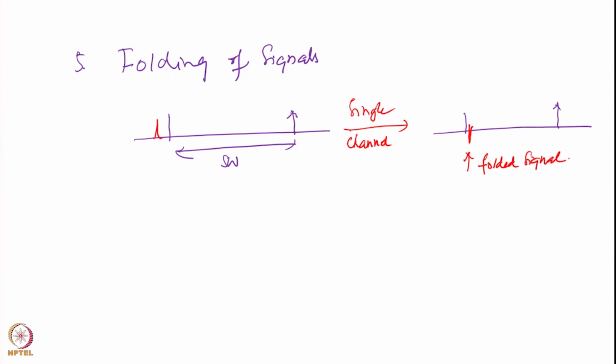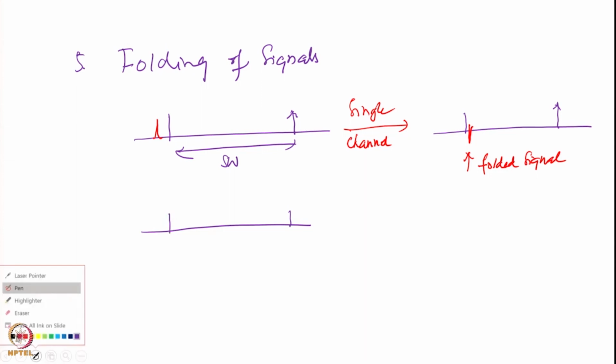On the other hand, if you are doing quadrature detection, now where is my carrier? The spectral range is this much. Let me draw the spectral range same as here, but now my carrier is in the middle, so that I can detect both positive and negative frequencies. I can discriminate between positive and negative frequencies, and in this situation if I have made a mistake in choosing the offset and I have a signal which is present here, then where will this appear?